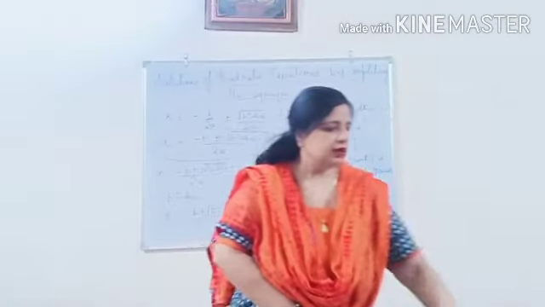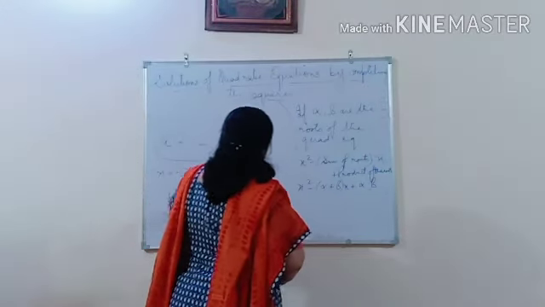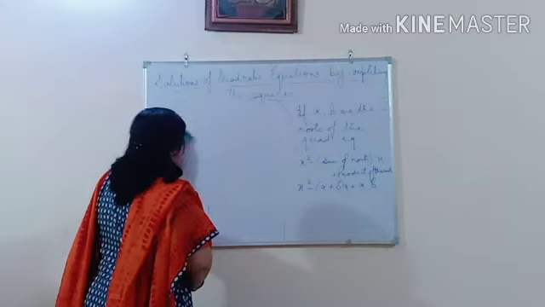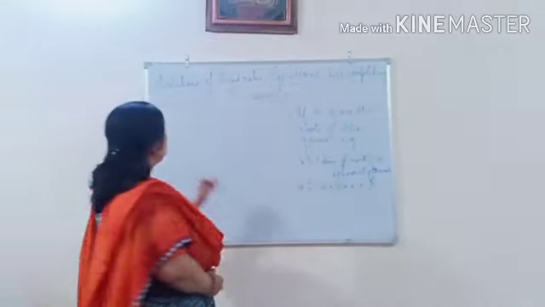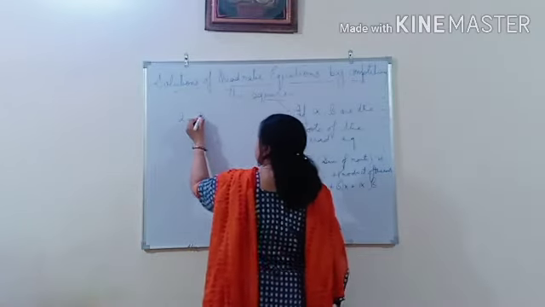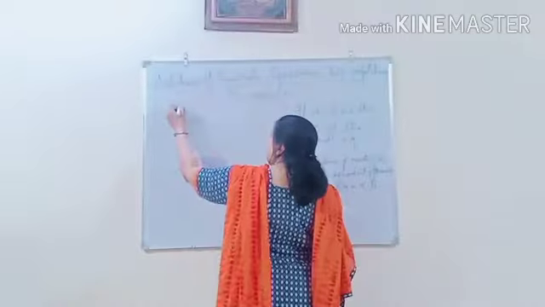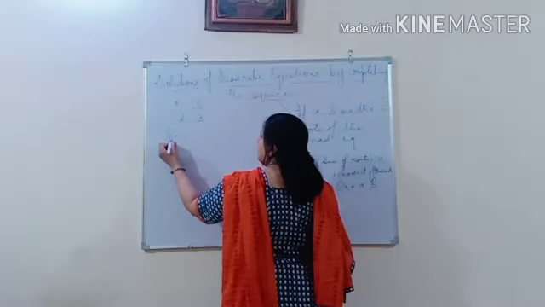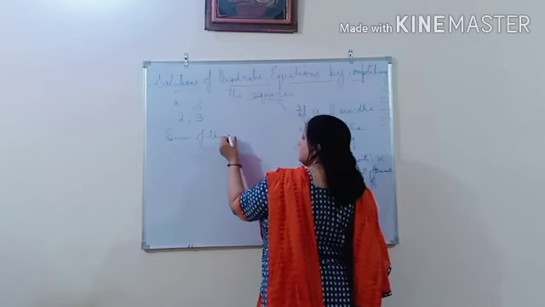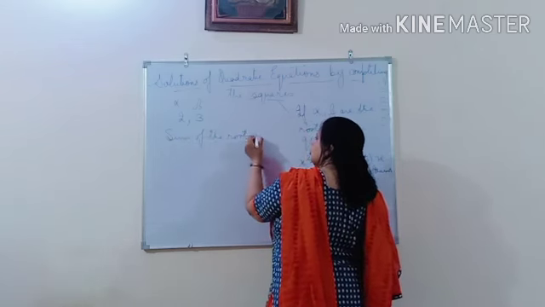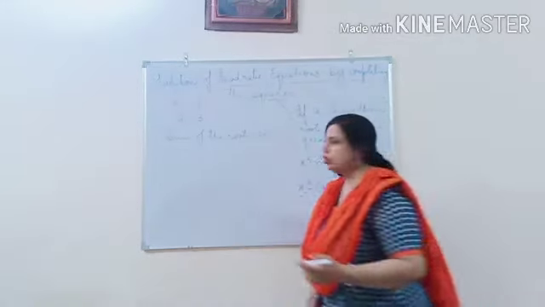Now let me take one example of this. If we are given that the roots of the quadratic equation are 2 and 3, if alpha is 2 and beta is 3, we will find the sum of the roots first. Sum of the roots will be equal to 2 plus 3 equal to 5. Now we will find the product of the roots.